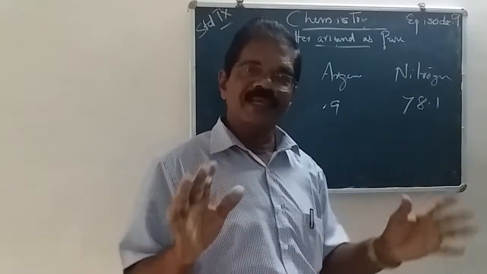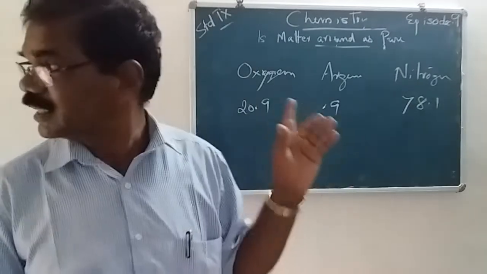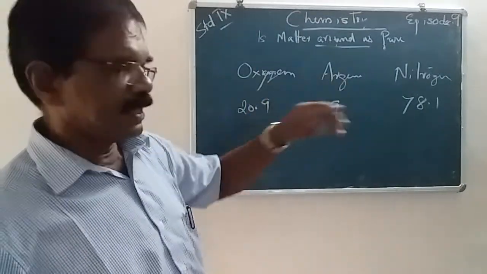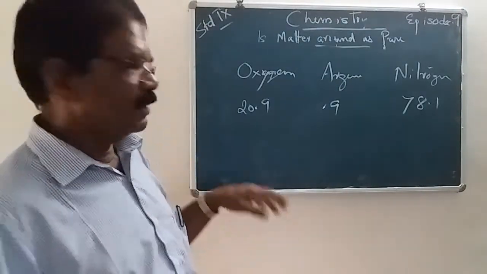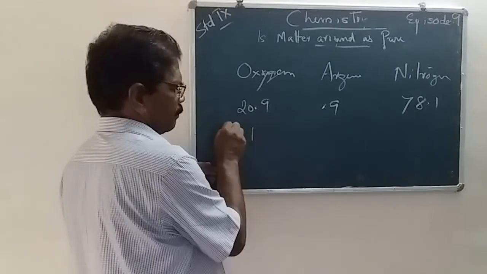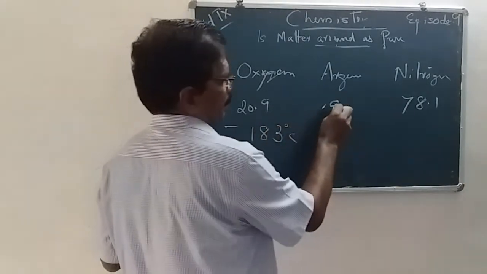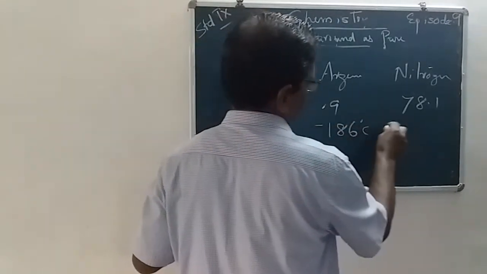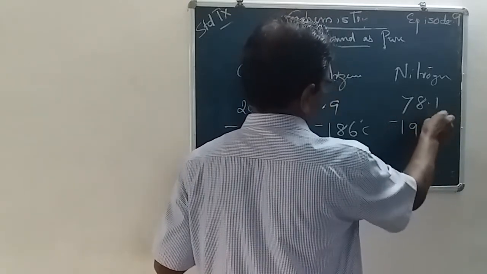Then how can we separate these three main components of air, that means oxygen, argon, and nitrogen? It depends upon their boiling points. Oxygen minus 183 degrees Celsius, argon minus 186 degrees Celsius, and nitrogen minus 196 degrees Celsius.